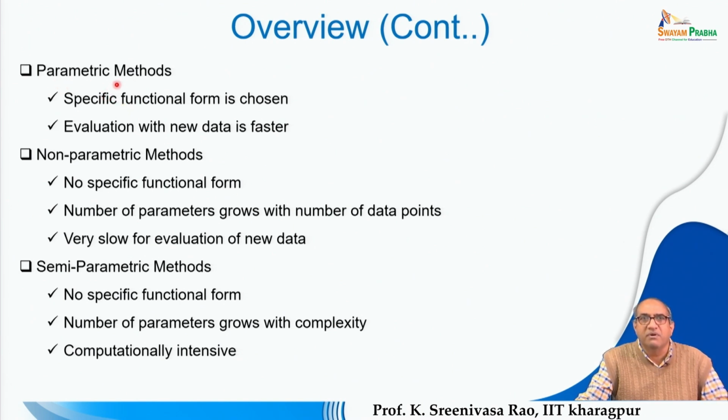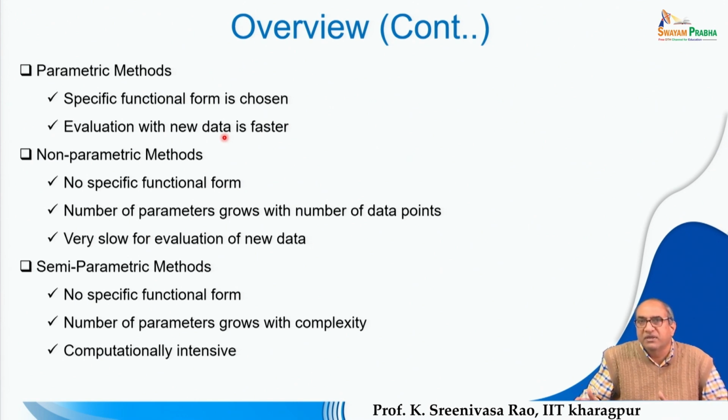Therefore, in parametric methods a specific functional form is chosen, and the evaluation for new data is very fast, because when a data point is added and we already have certain parameters, we can easily compute the new parameters of the function. The problem with parametric approaches is that we choose the function a priori without looking at the data, so we are not sure that the data fits the function accurately or optimally.